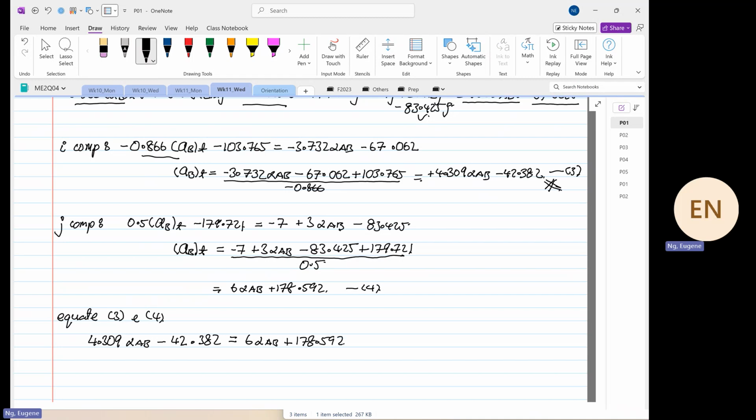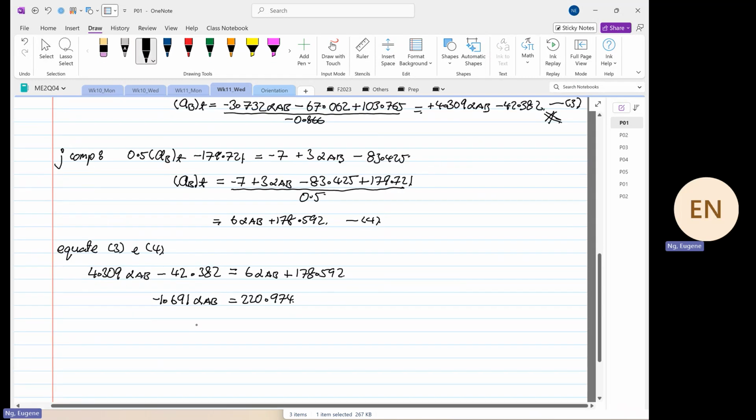Okay. So we will have 4.309 minus 6 is equal to minus 1.691 alpha AB. And this will be equal to 178.592 plus 42.382, which is 220.974.